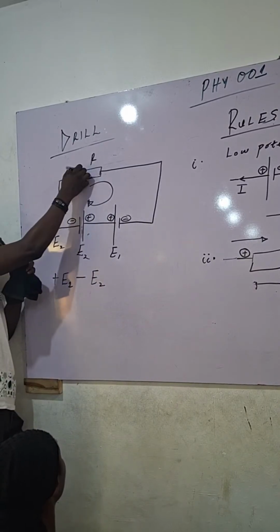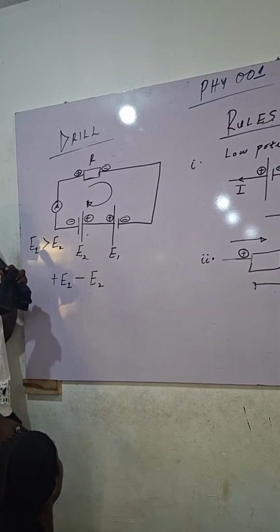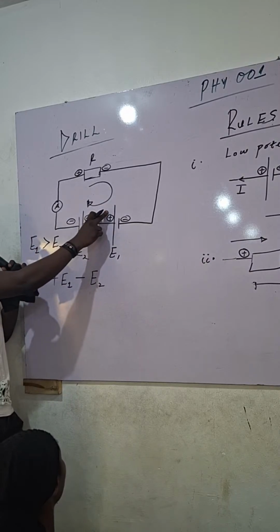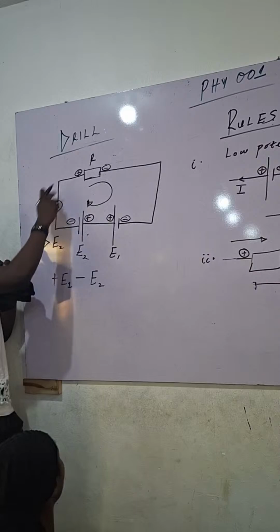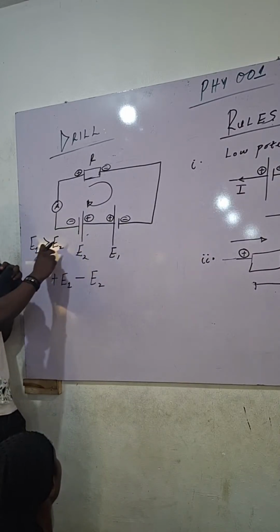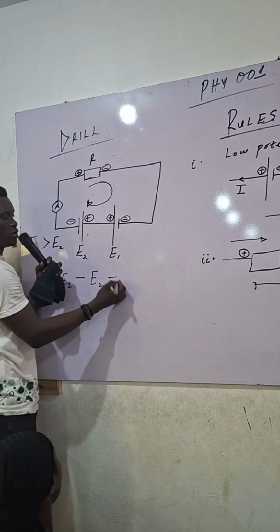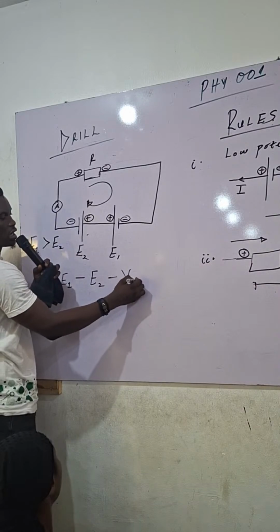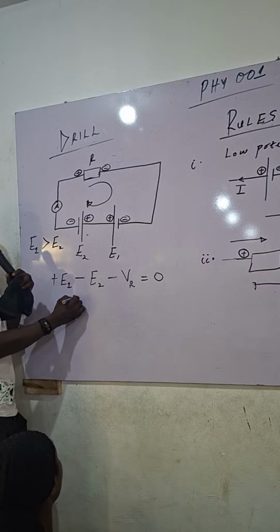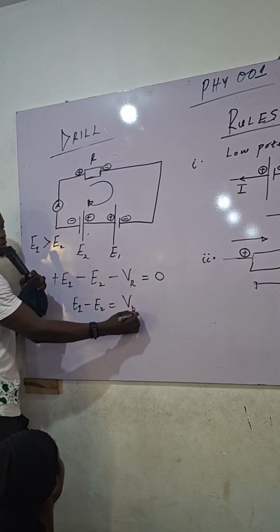This is going to be plus and minus. Because why? E1 is positive here. Do you get that? E1 is what determines what is happening in the circuit, because I already said E1 is greater than E2. So now I can say minus V, that will be equal to 0. So I can say E1 minus E2 can be equal to V.